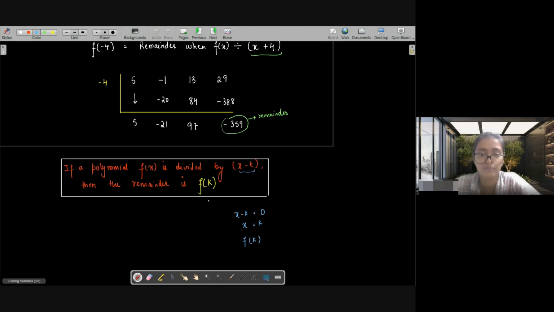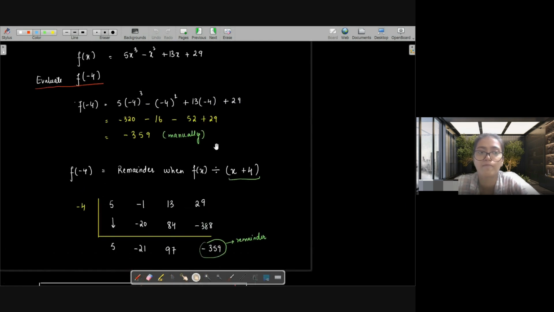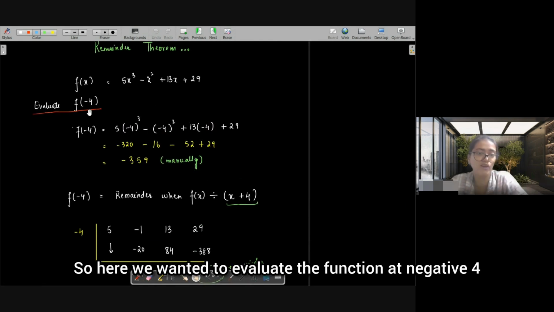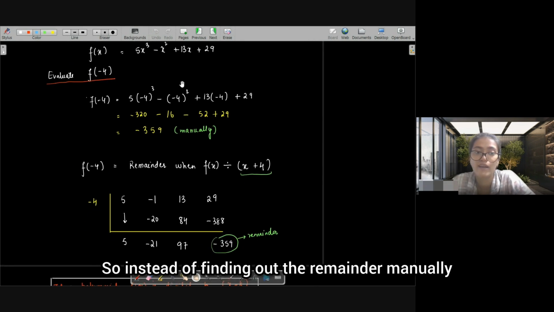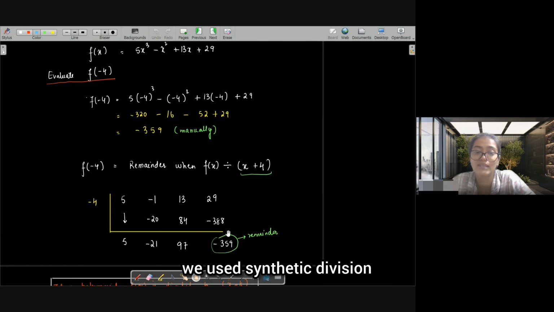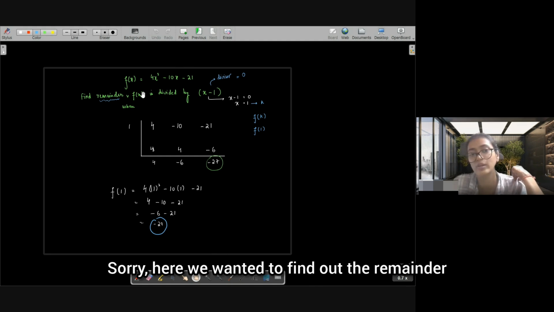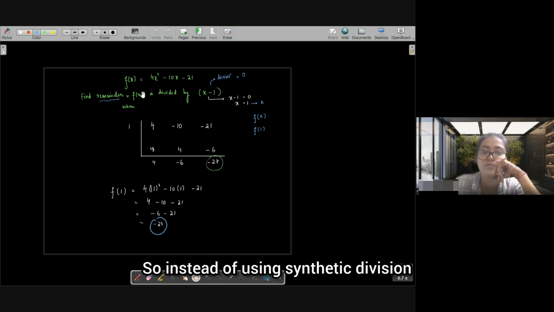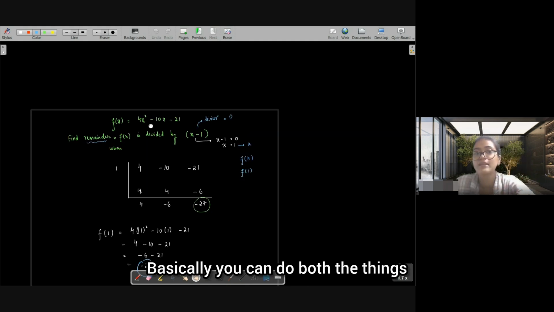Here it was easier to do synthetic division, because we wanted to evaluate the function at negative 4, and doing it manually was kind of tedious. So instead of finding the remainder manually, we used synthetic division. And here we wanted to find the remainder, so instead of using synthetic division, we evaluated the function. Basically you can do both.